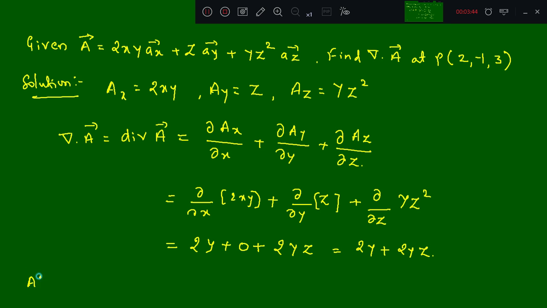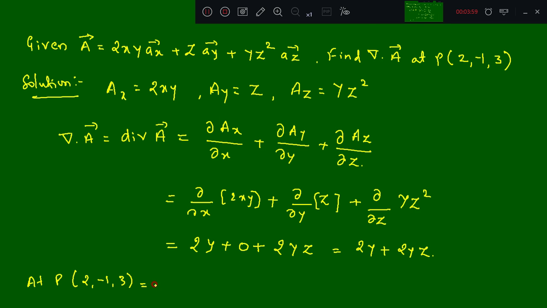Then we have to find this at the point P(2, -1, 3): x is 2, y is -1, z is 3.